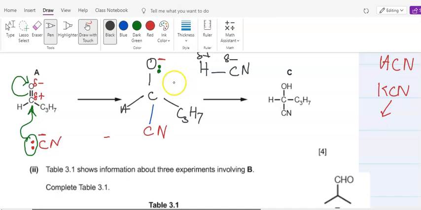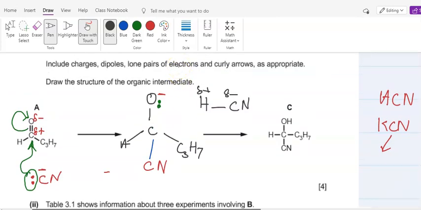See what happened. This pair of electrons makes a bond with this hydrogen, and this bond shifts as a pair of electrons on carbon.